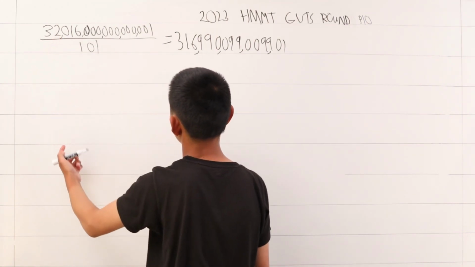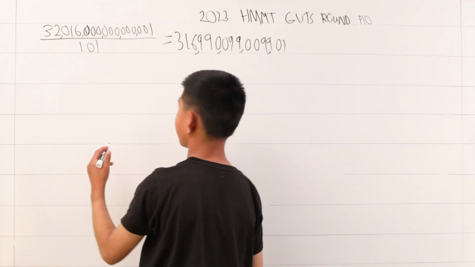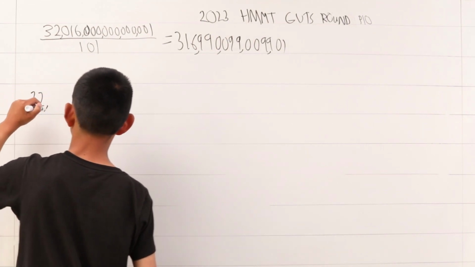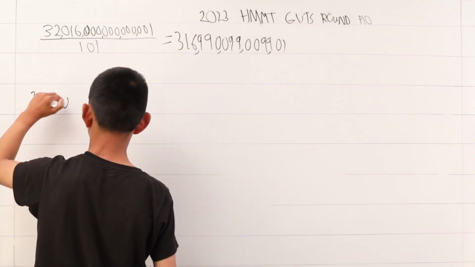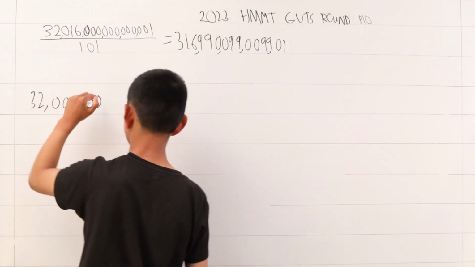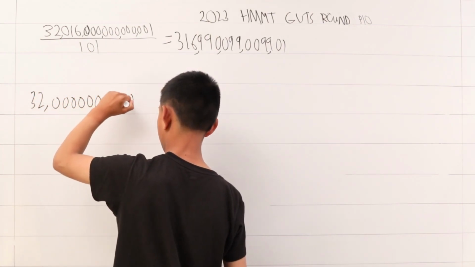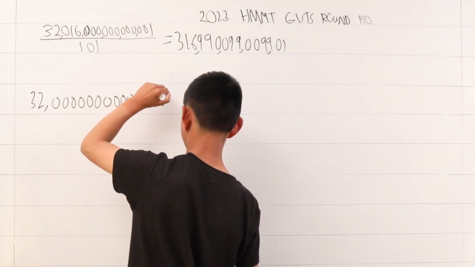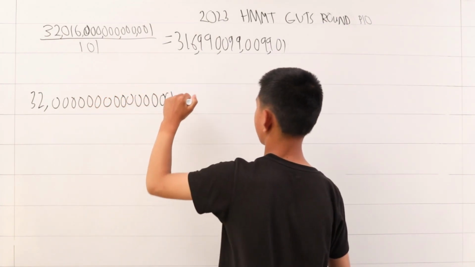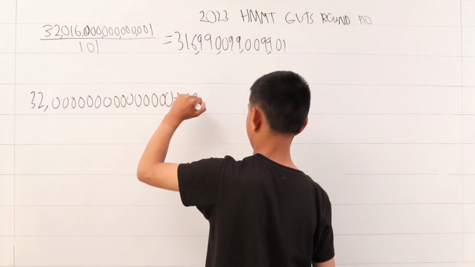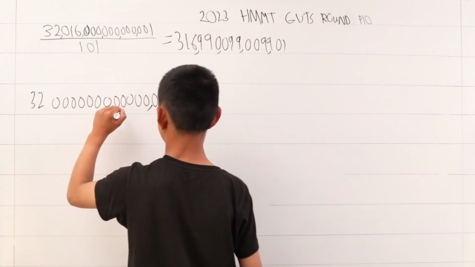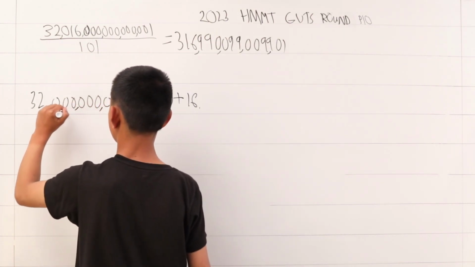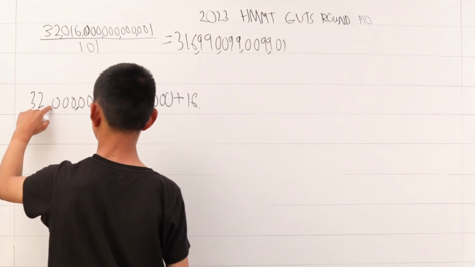This number, we can break it down into 3, 2, and then there's 15 zeros here, 1, plus 16. But yeah, you get the idea.